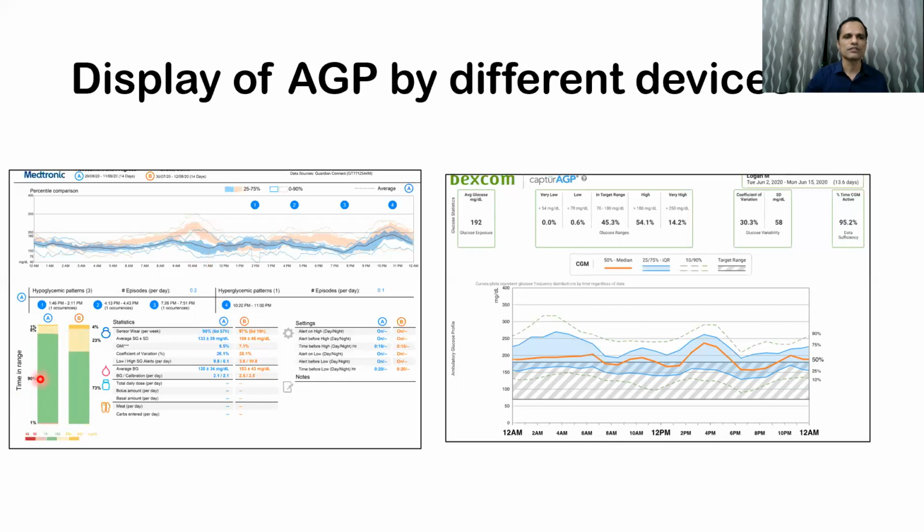And we have a comparison of the older time period and the newer time period with respect to the time in range. So this gives a visual analysis of what the improvement has been. On the right side is the output through the Dexcom CGM device, and you can see a similar kind of output, just a change of colors basically.